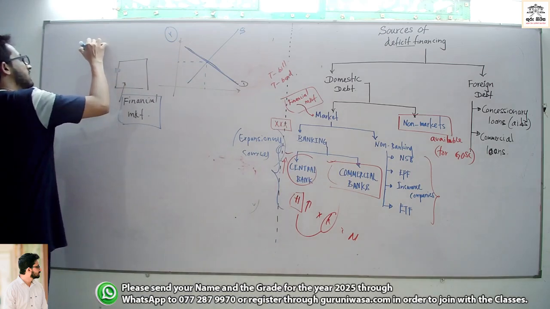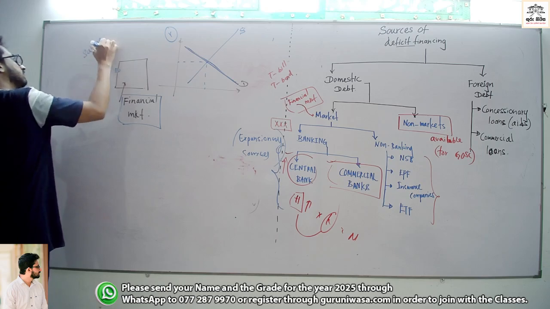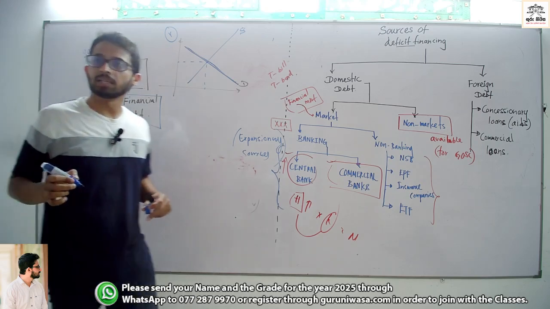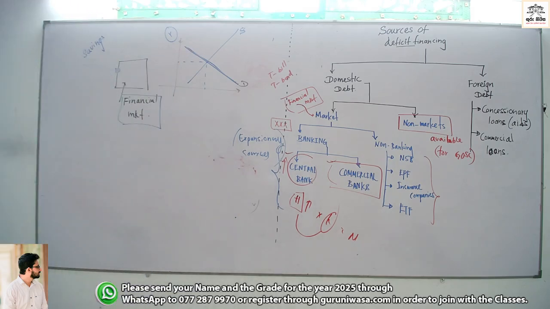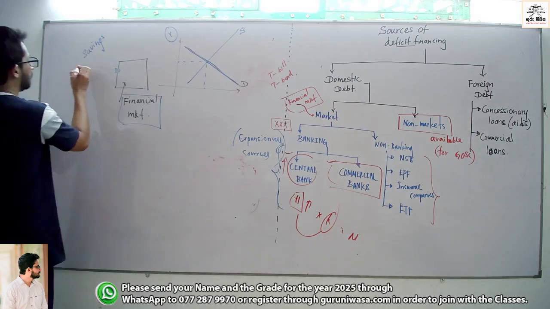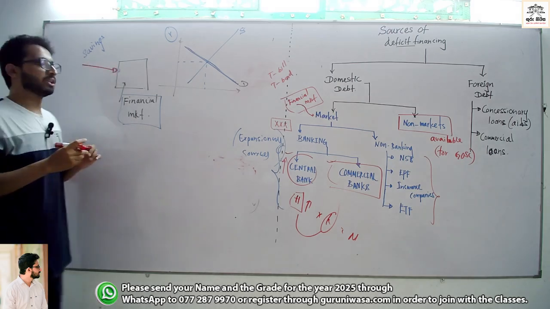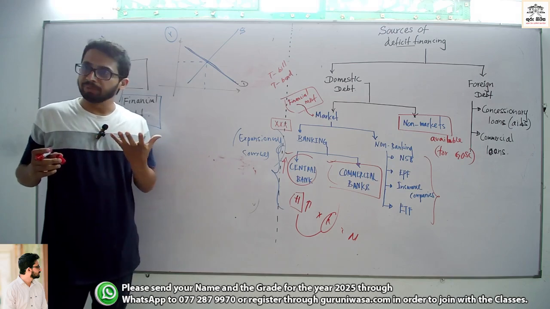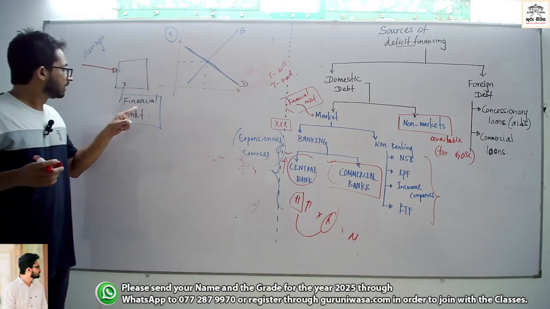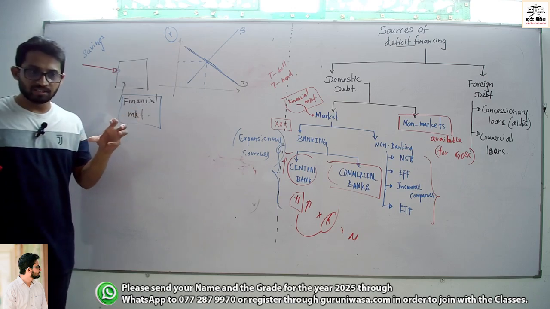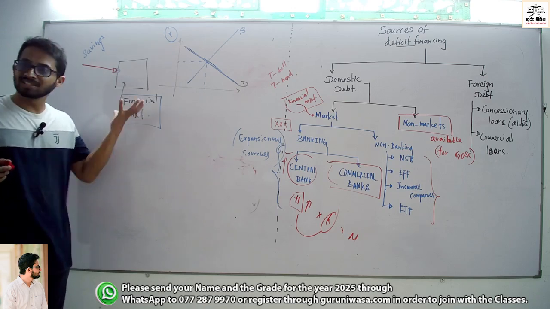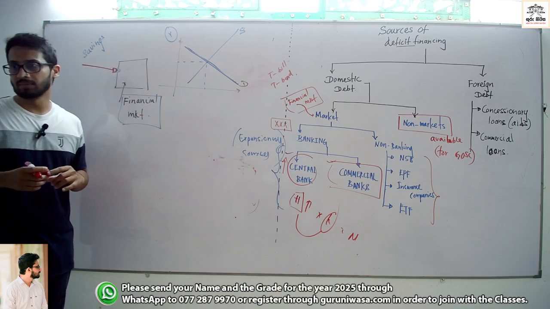Funds are coming from savings. When we have a limited amount of savings, we can see a very limited amount of loanable funds in the financial market as well.